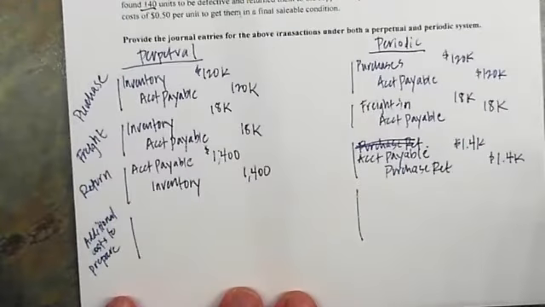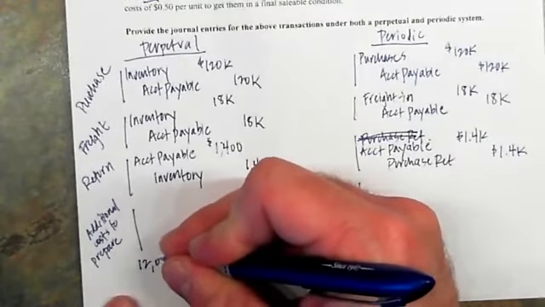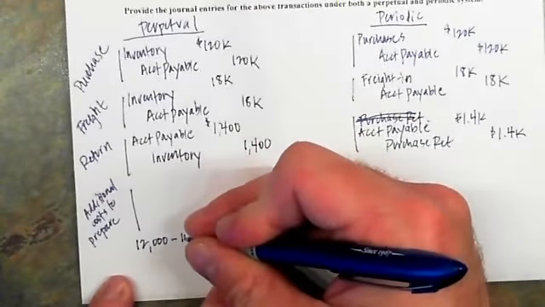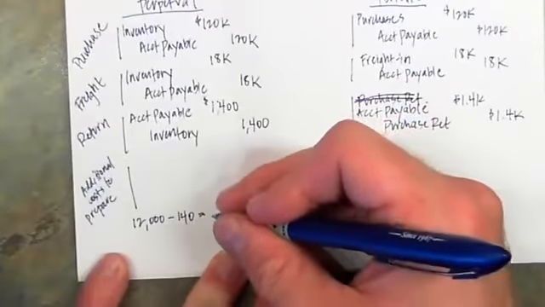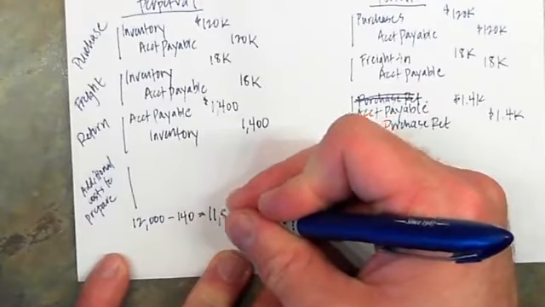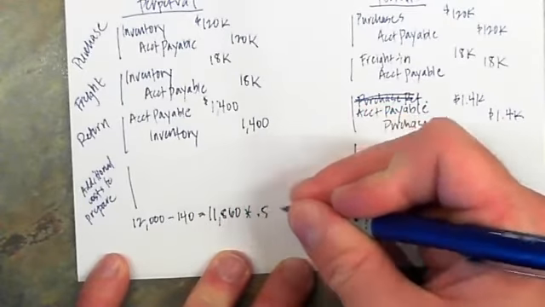So in this case, we had 12,000 units, we returned 140, so we're only going to be doing these additional costs on 11,860 of our inventory items, and that's 50 cents per.